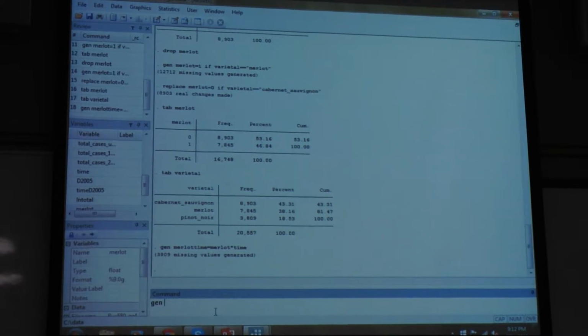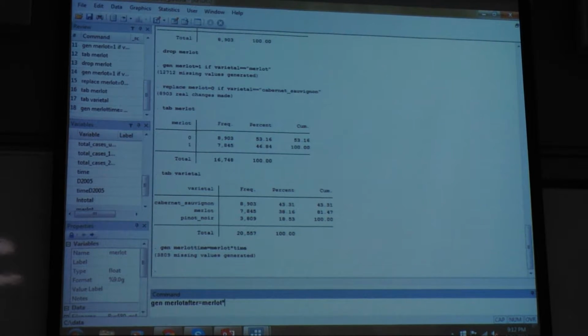We need to generate Merlot after, which is Merlot times our D 2005.